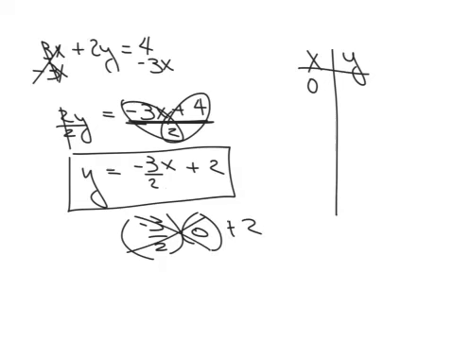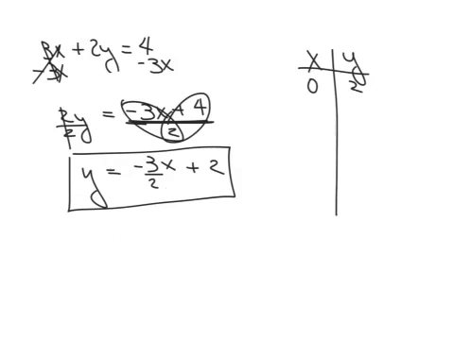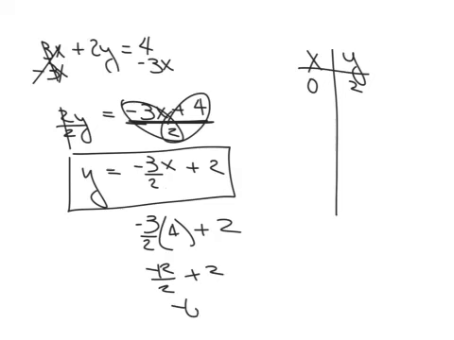So those go away, and I just get 2 for my y. If I put a 4 in for my x, so again, you're still using the table. Okay, so negative 12 halves plus 2, so negative 6 plus 2 is negative 4 when we put 4 in for our x value. And then you can just start plugging numbers in for x here to find your y so that you can eventually graph.